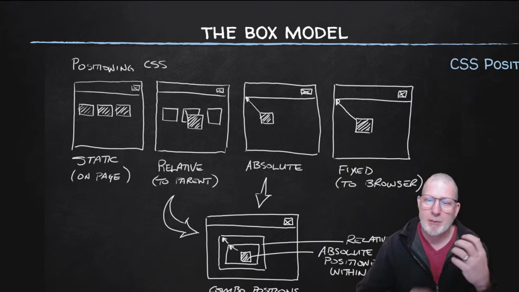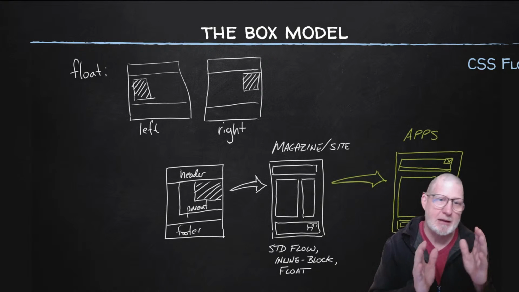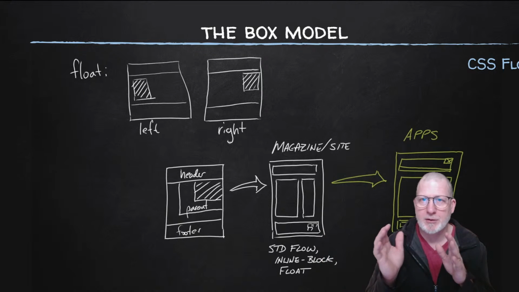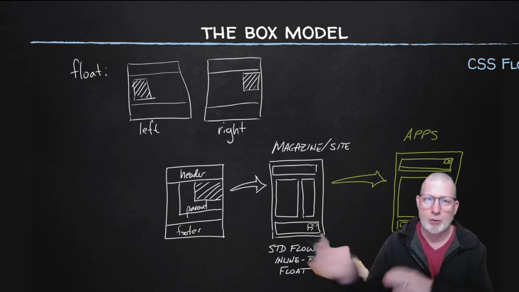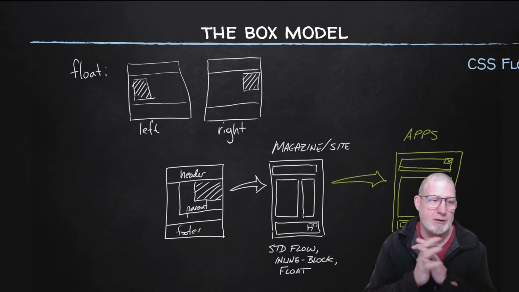I also mentioned something about floating things to the left and to the right. Floats allow us to make divs that aren't the full width of our browser drift one way or the other. And you have to clear that float if you want to switch directions, so to speak.